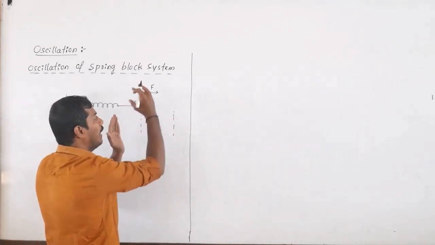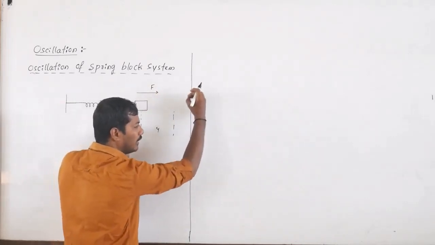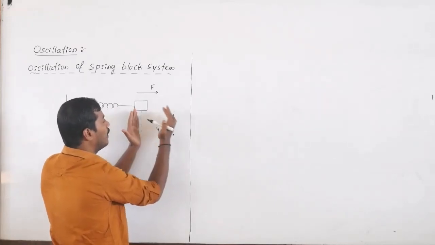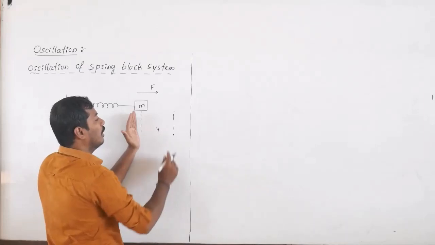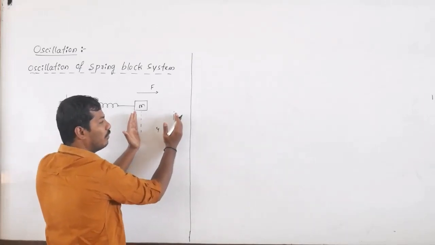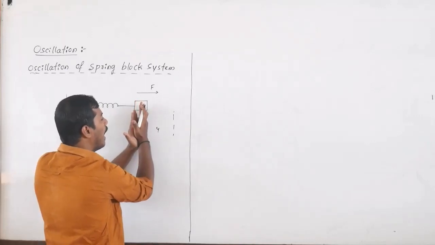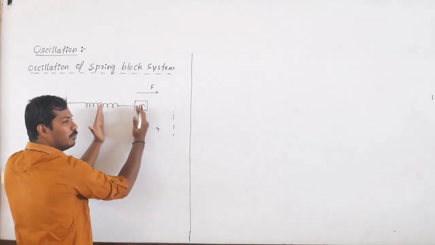Initially, if you apply the external force and pull like this, some displacement is covered by the body or the particle. If you remove the external force, it returns to its initial position and covers the same displacement on the other side of its mean position.